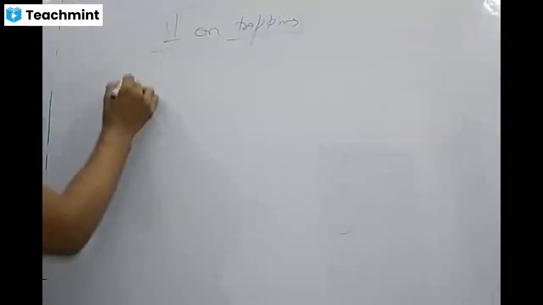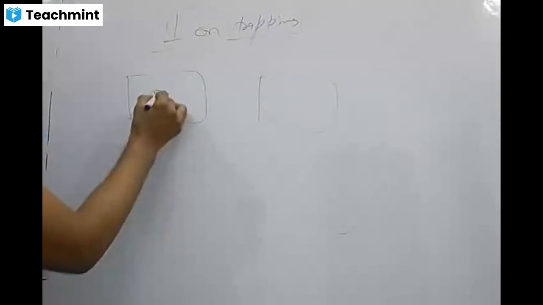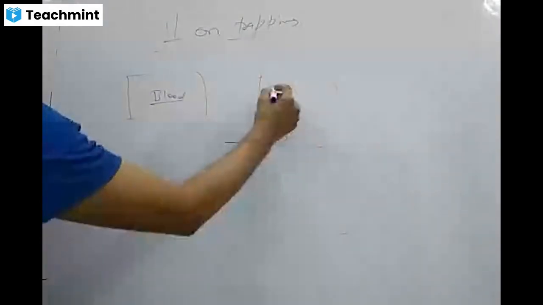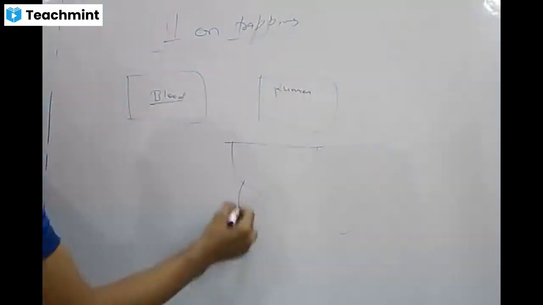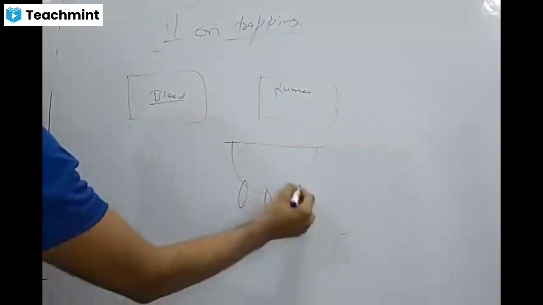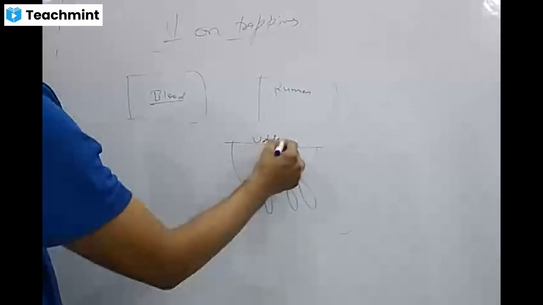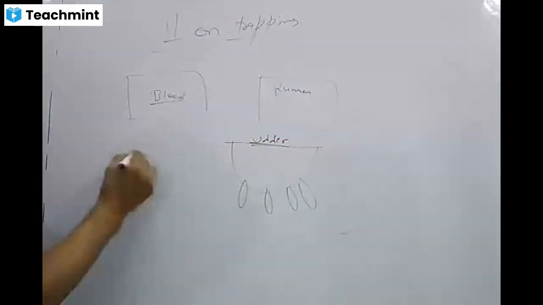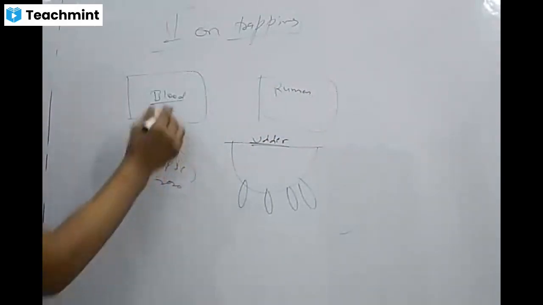Ion trapping means when a drug moves from one compartment to another. Suppose this is blood, and this is rumen, and this is the udder. They have asked one MCQ on this ion trapping concept in Tamil Nadu PSC 2020.